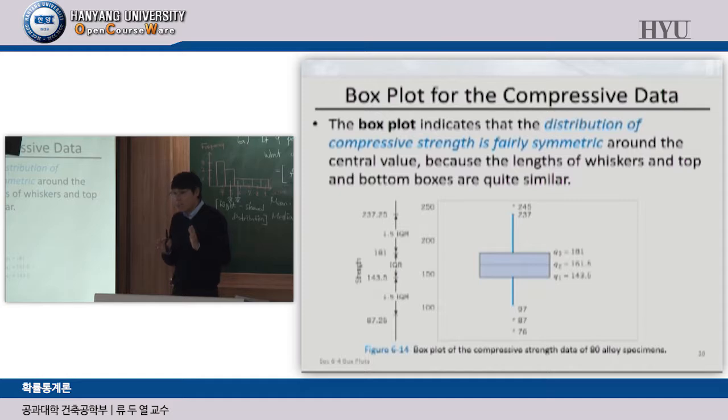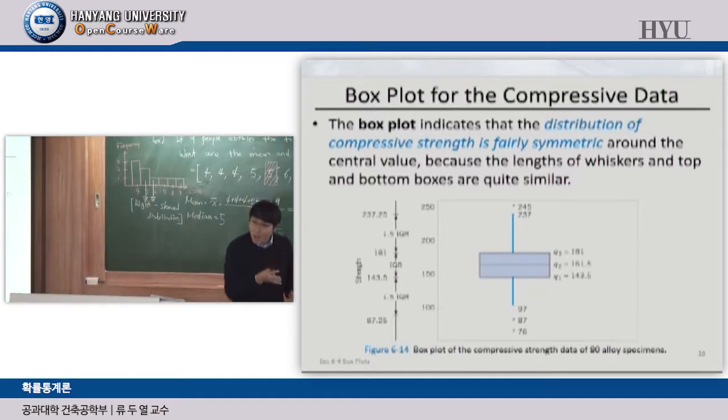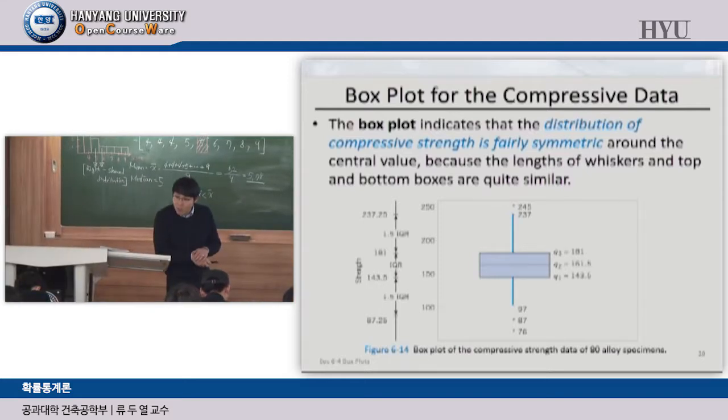And from this box plot, we can also determine the distribution of the data points, because we know the center line, the first quartile and the third quartile, and the smallest and largest data points, so we can easily determine the distribution.